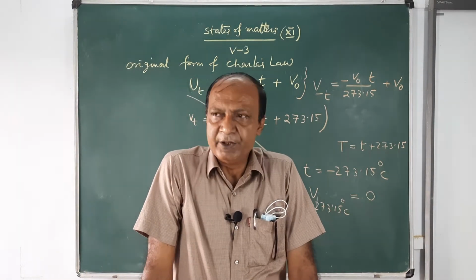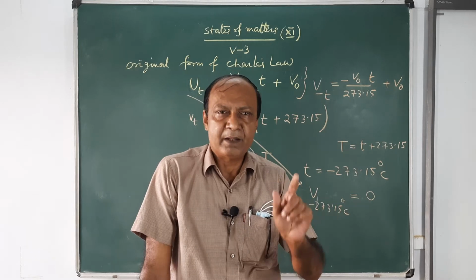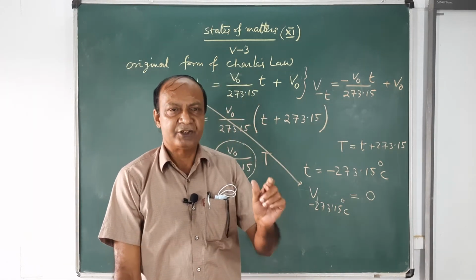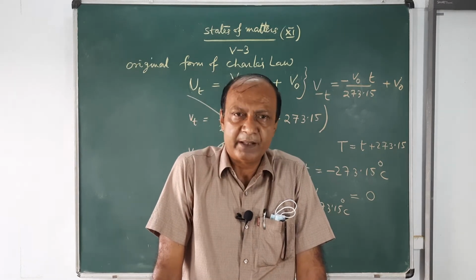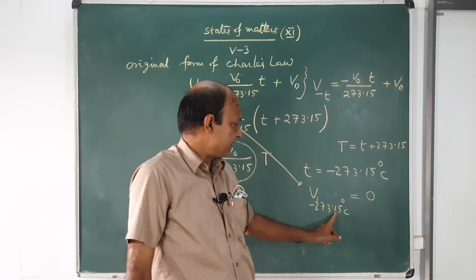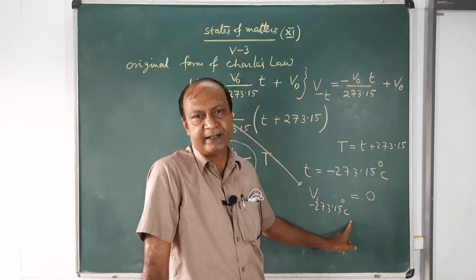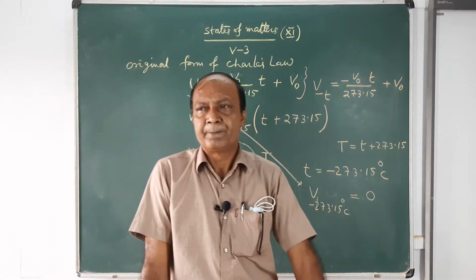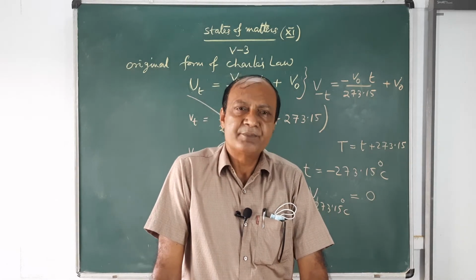That's why it has been said that this is the minimum temperature that can be attained by a gas. The minimum attainable temperature by a gas is minus 273.15 degree centigrade. At this temperature, volume of all gases becomes 0.